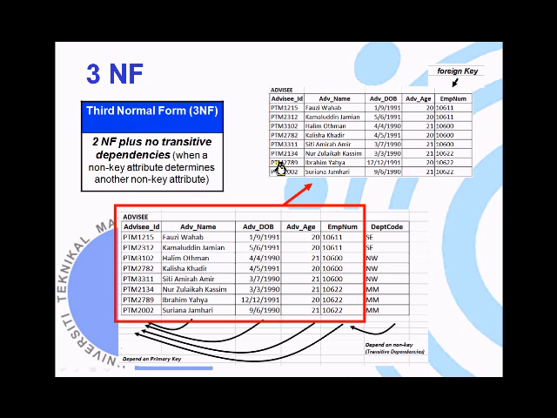If we look back at the first process, when we try to break down the table, we find out that there are three most important things that will become a table, which is employee, department, and advisee. Since employee and department have been settled in second normal form, we need to look back at the advisee table. In the advisee table, we have advisee ID, advisee name, advisee date of birth, and advisee age.